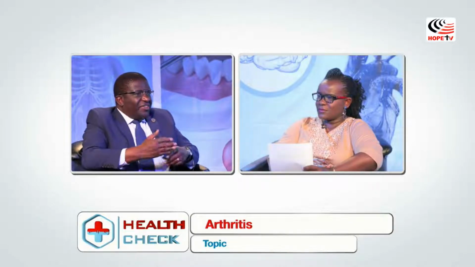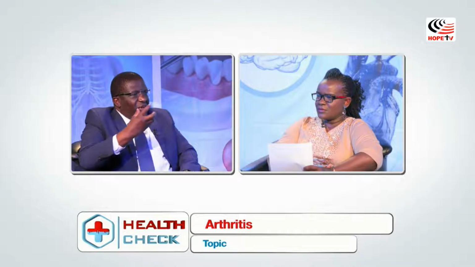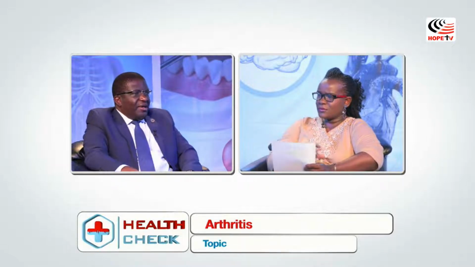When they reach a high level, over 6 milligrams per deciliter, they form crystals, and these crystals are deposited in the joints. When the body tries to remove these crystals, you end up with severe inflammation. And this is commoner in men.